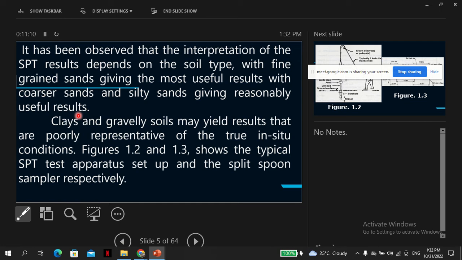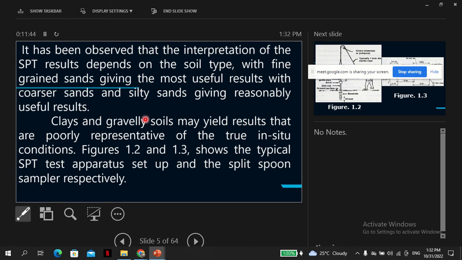What this means is that we just need to have better correlation between the results and the actual in situ conditions. In a nutshell, we need to calibrate the clay results much better. The sand soils and the silts have maybe been calibrated in a better way, and the clays and the gravels have been poorly correlated.